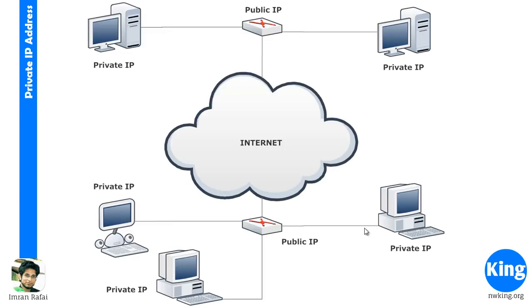So in today's situation, the internet assigns public IP addresses to your routers. You have routers which are public facing, or internet facing, and they will get a public IP. Computers in your local LAN will all be assigned a private IP by your router, this device that is facing the network. So that's how the internet works in today's scenario.